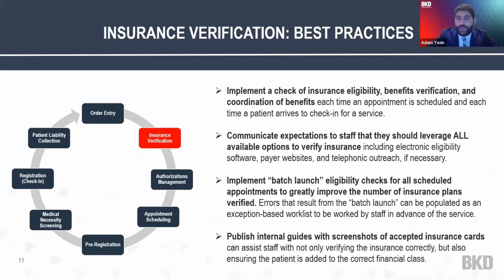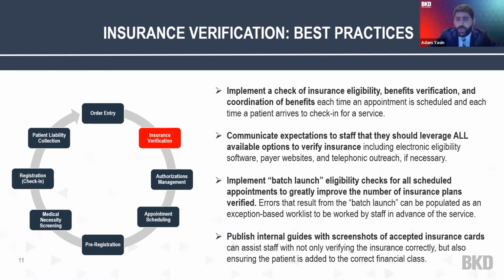So each one of those encounters that you have scheduled, those patients have insurance plans that are registered on your patient accounting systems. And this is one technique that's quite effective to, like I said, create an en masse launch of these insurance plans and potentially work an exception-based work list for any plans that do kick out as ineligible, sort of narrowing your to-do list for the big day for the patient's arrival.